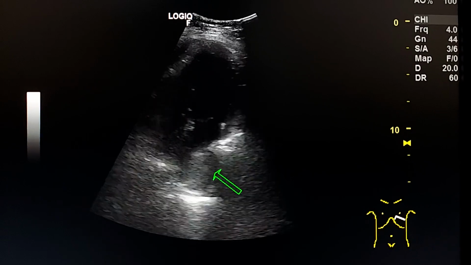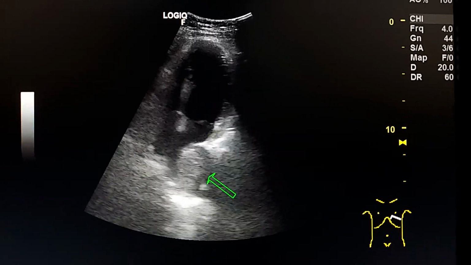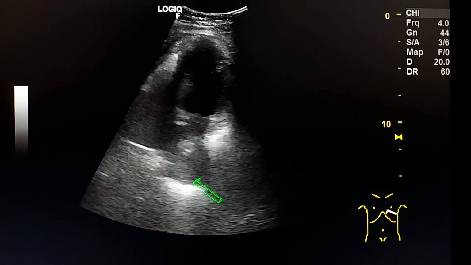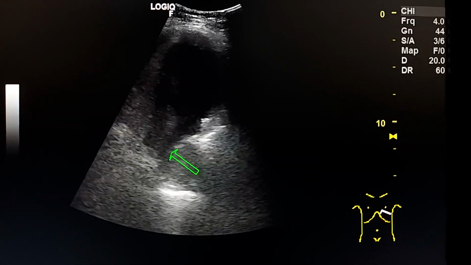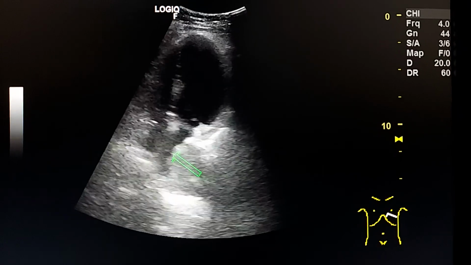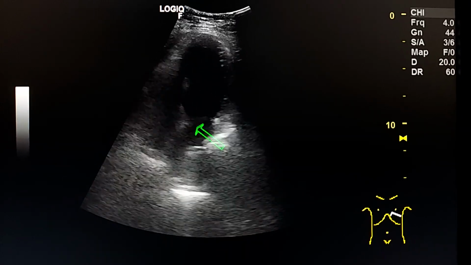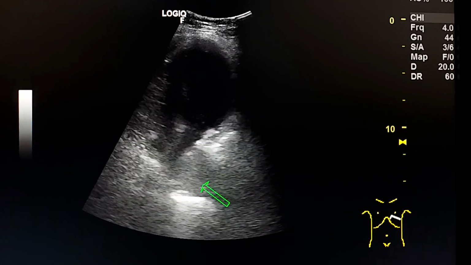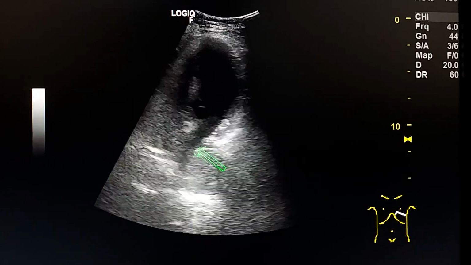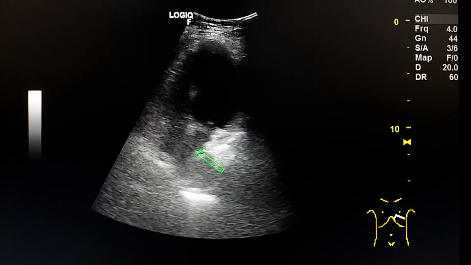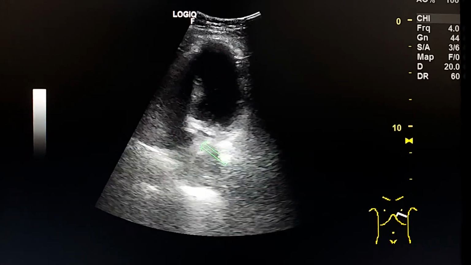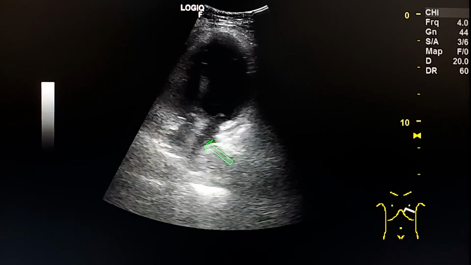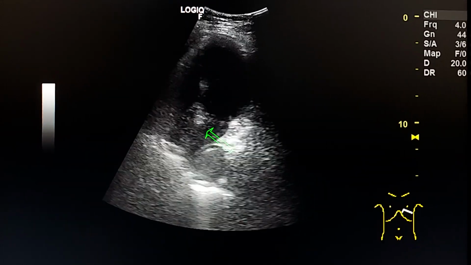And here, by apical four-chamber view of the heart, we see the dilated esophagus behind the left atrium, which is a rounded structure with thick hypoechoic wall anterior to the spine and posterior to the left atrium.